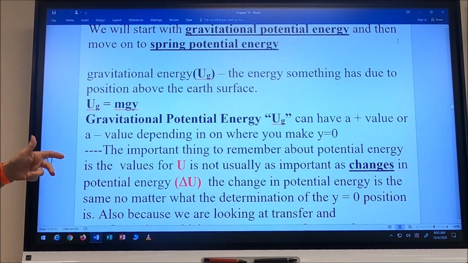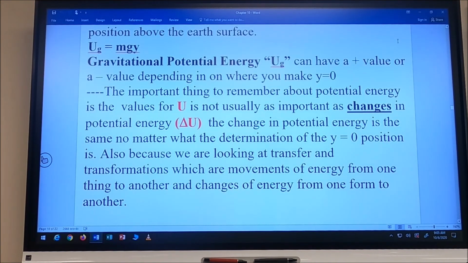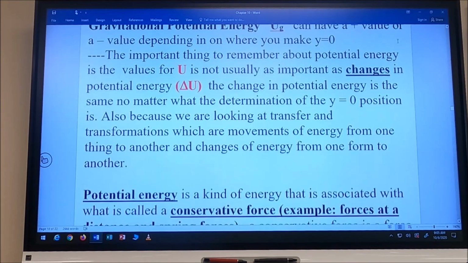Because the absolute potential energy, again, depends on where you set your y equals 0 to be. We're going to look at some transfers and transformations of energy, and when we do that, we're always looking at changes.